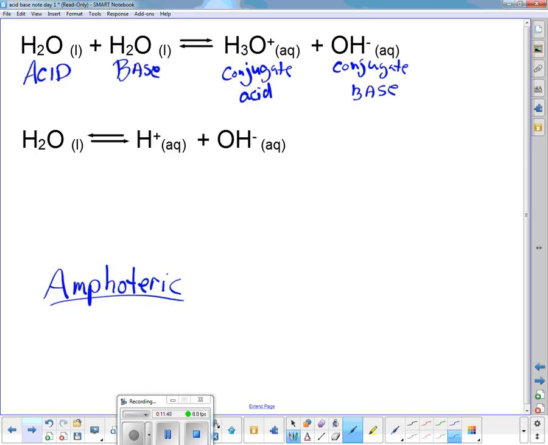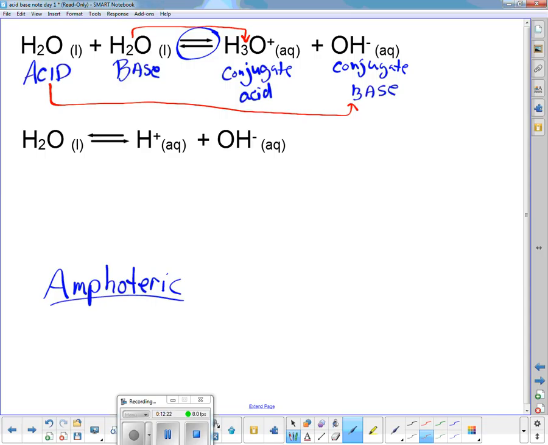So when I have a double arrow, it means I can go forward or backwards. So if I go forward, I just talk about acid or base. But if I'm using the reverse reaction, then I talk about conjugate acid and conjugate base. Okay? They come in pairs. So this was an acid. It gave up its hydrogen and became the conjugate base. This was the base. It grabbed a hydrogen and became the conjugate acid. So they sort of relate to each other.